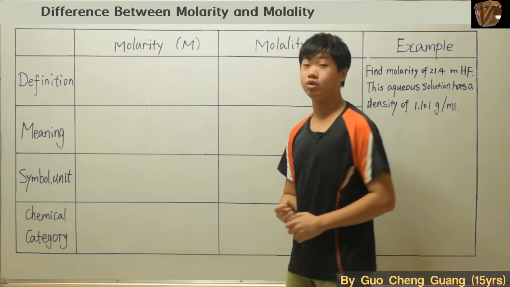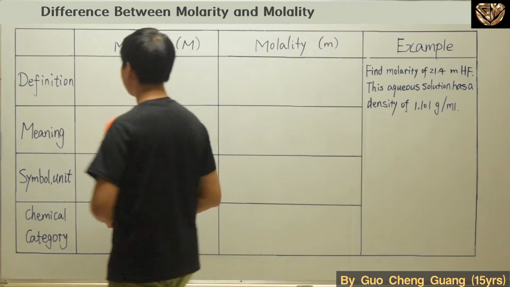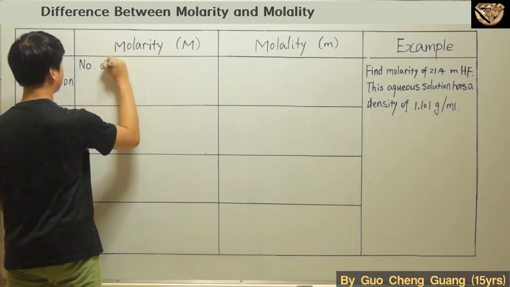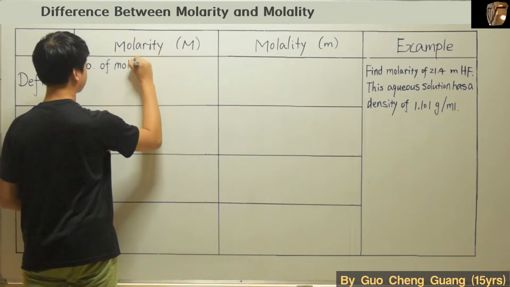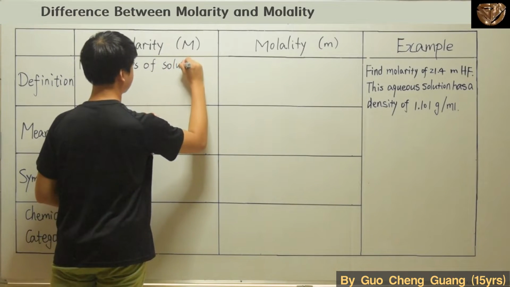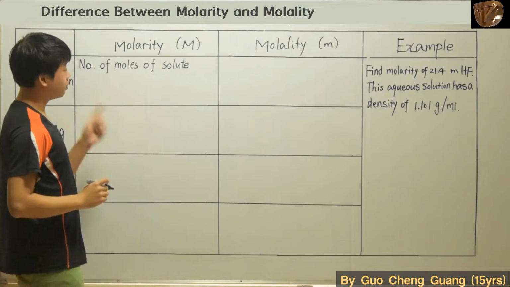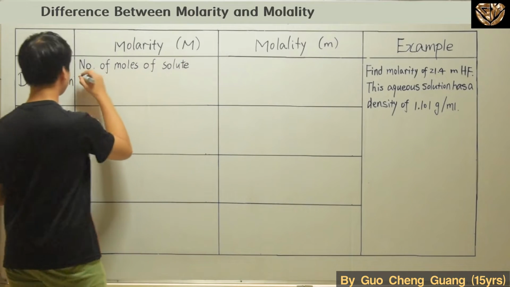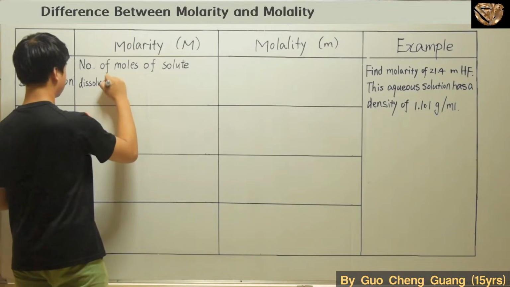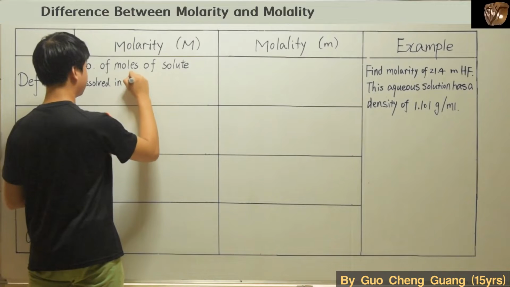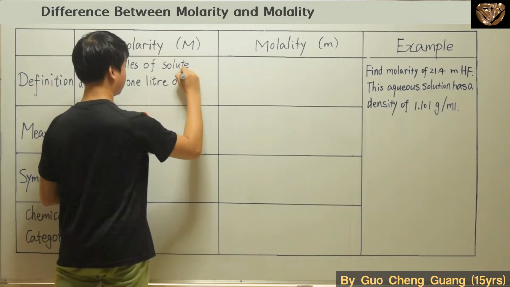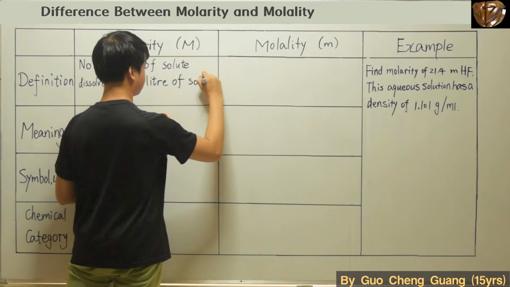So how do you calculate molarity? Molarity is when you find the number of moles of solute dissolved in 1 liter of solution.